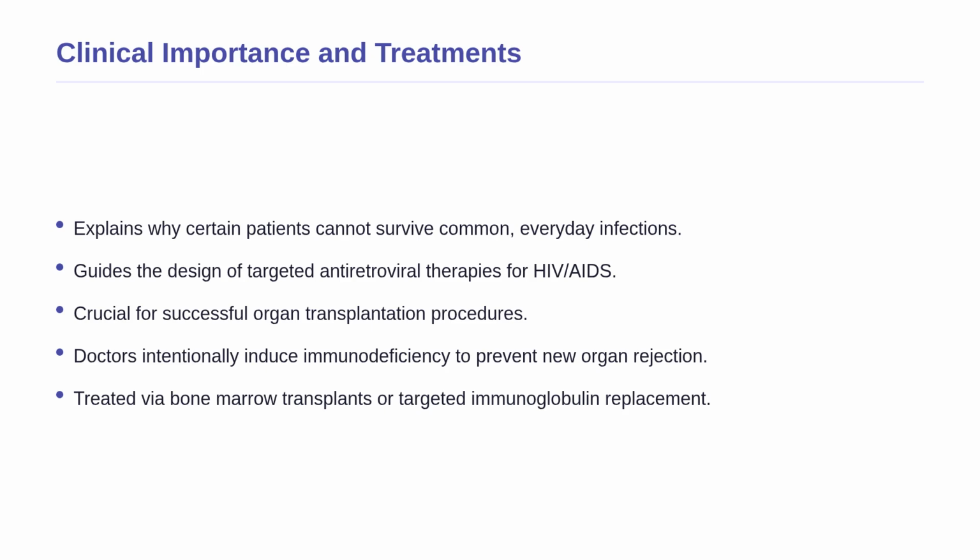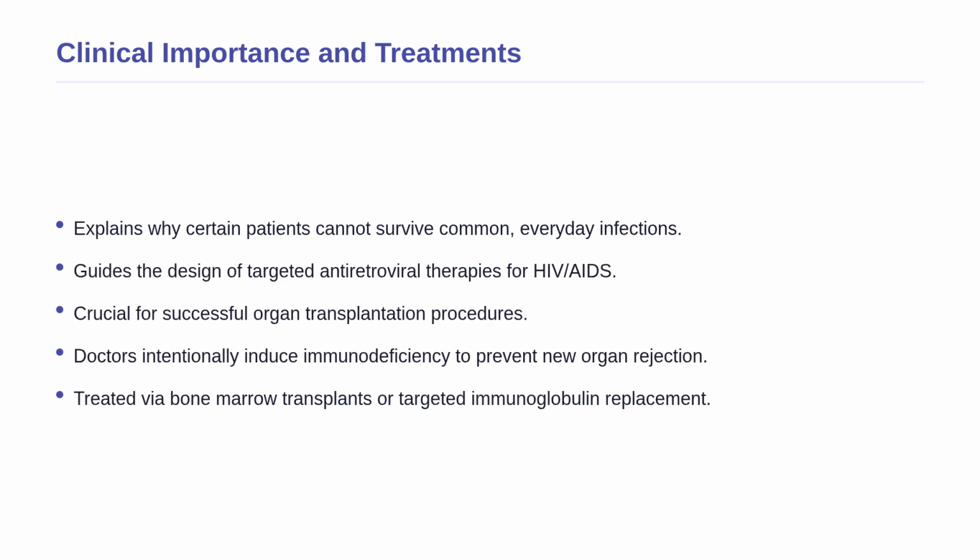Understanding these two categories of immunodeficiency is absolutely critical in modern medicine. It explains why certain patients cannot survive common infections and helps doctors design life-saving treatments. Without this knowledge, we would not understand how viruses like HIV lead to AIDS, nor would we know how to treat it using targeted antiretroviral therapies.